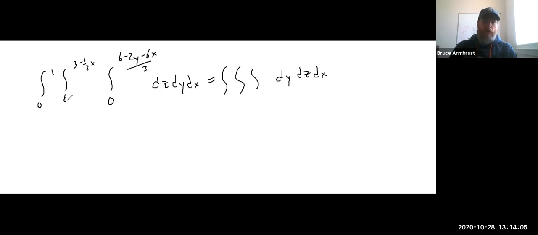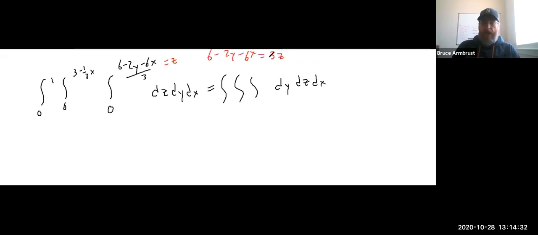All right, so for this one, first we should try to picture what this thing looks like. This bound on top is a z bound, right? This equals z. So if I rewrite that, I get 6 minus 2y minus 6x equals 3z. And so that's a plane.